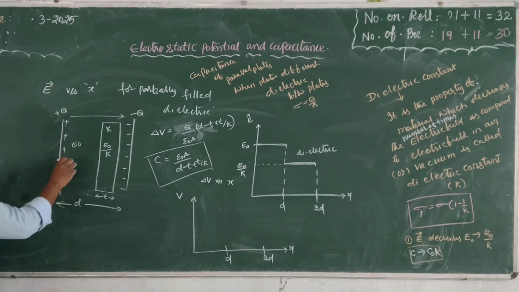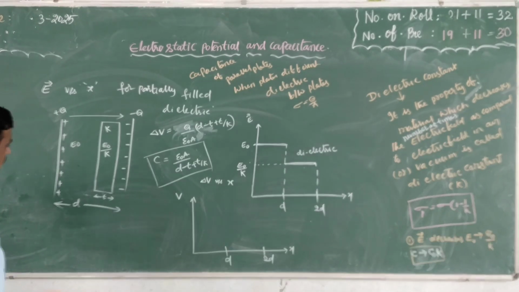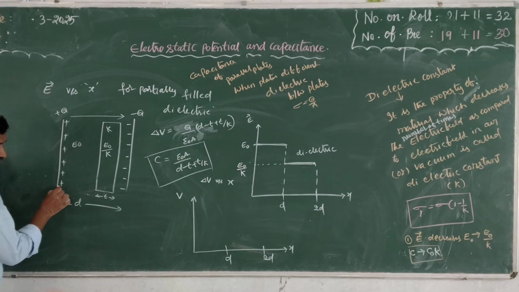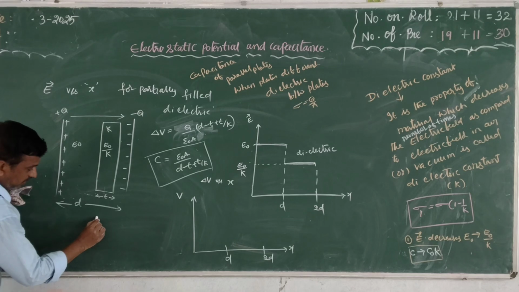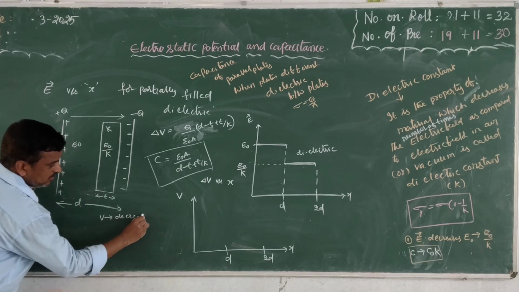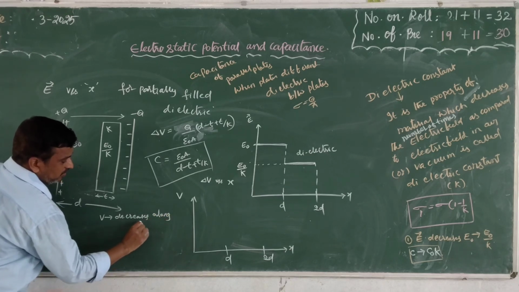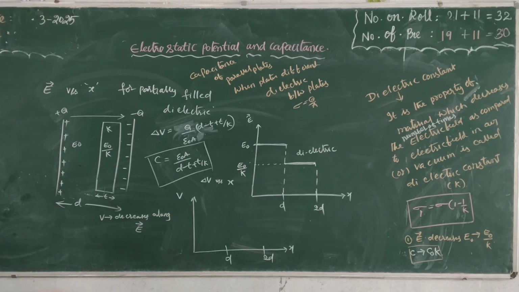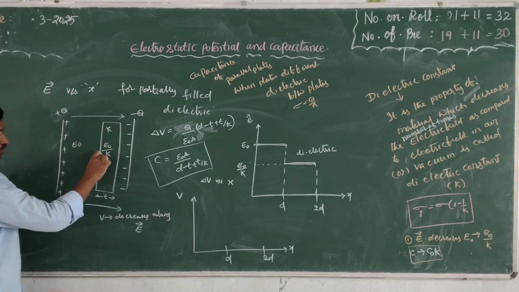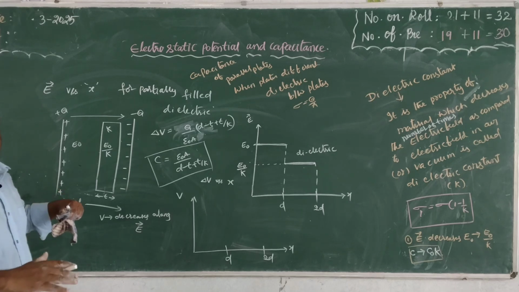The potential is maximum here and decreases. Along the electric field, the electric potential decreases. Here it is maximum, and from here to here it decreases.